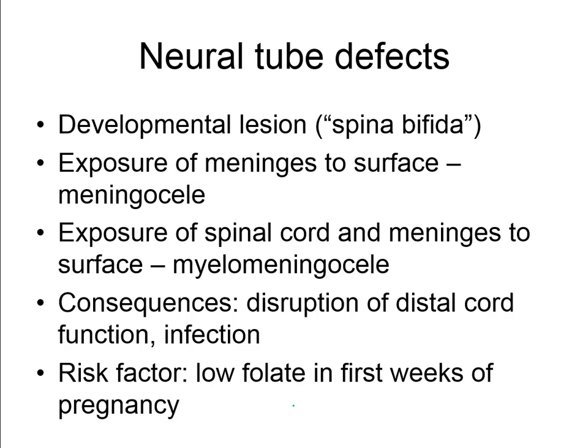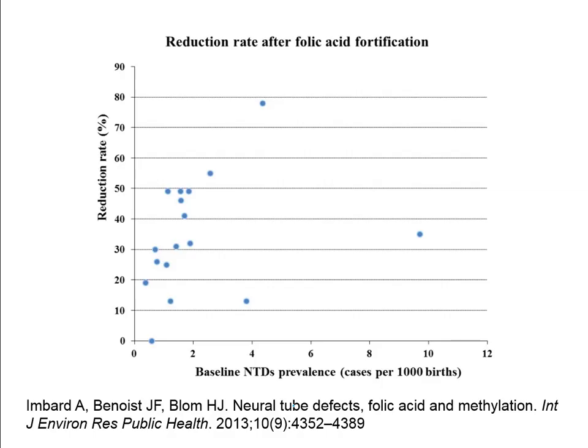Okay? Major risk factor is low folate during early, both pre-implantation and early and post-implantation stages of gestation. Okay? And in fact, bread and other things here are folate enriched just for this purpose.